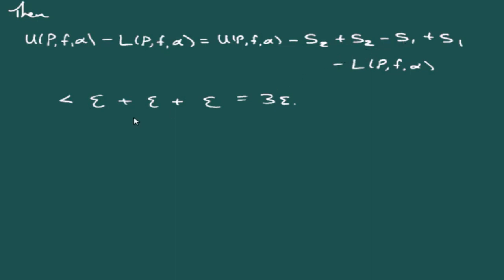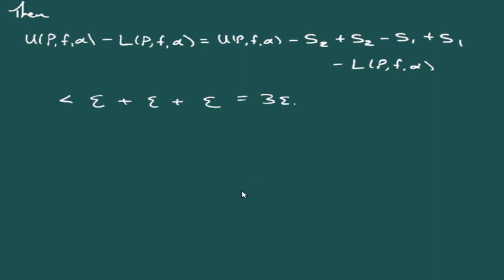S sub 2 minus S sub 1, we know that that's got to be less than our upper bound of epsilon. And our last grouping, S sub 1 minus our lower Stieltjes sum, is also going to be less than epsilon. So epsilon plus epsilon plus epsilon is less than 3 epsilon. And so our difference can be made less than a constant times epsilon. If we scale everything just right, we can get it smaller than epsilon. But that proves what we need it to prove.